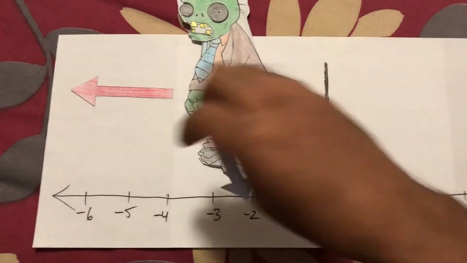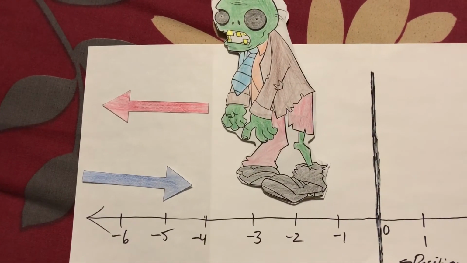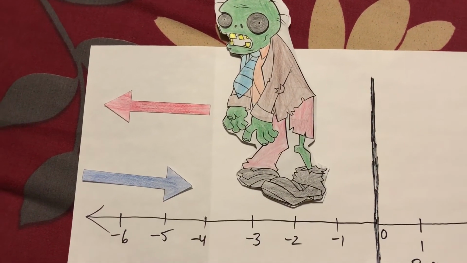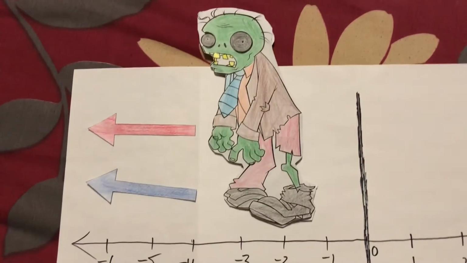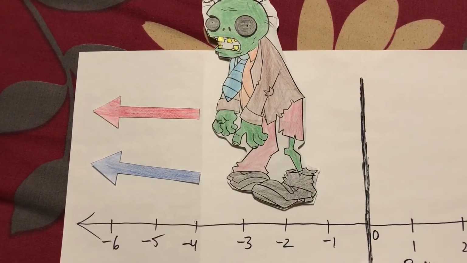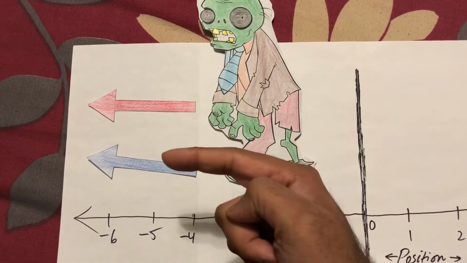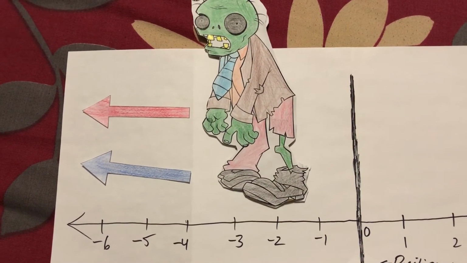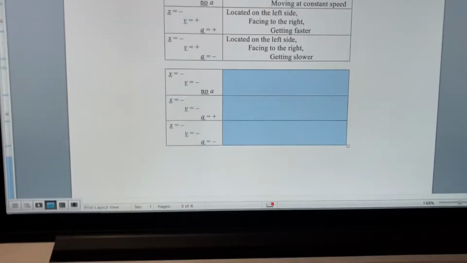Then if you give it positive acceleration, now you're not supporting it, you're actually making it go slower. But if your acceleration was negative, now you're helping it out, the zombie will get faster on the left side, moving even more left. So I'm just going to reveal these three answers.